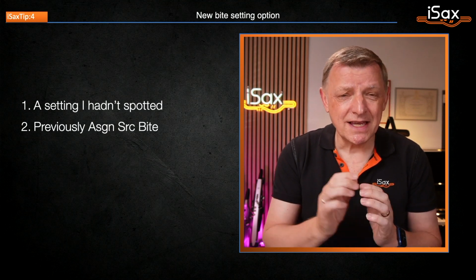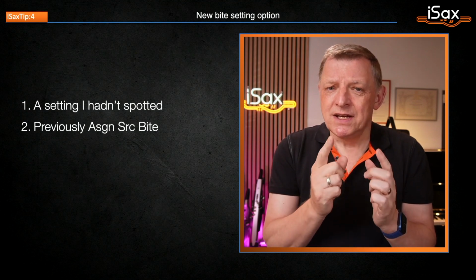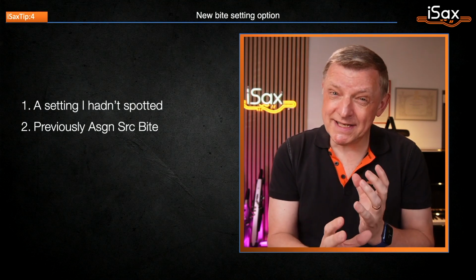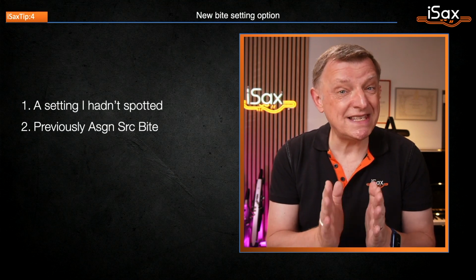When we have these assign source settings, we can make a decision whether we want a certain setting to always be the same. This is called a system setting, or whether we want it to change depending on the scene that we're using. So this can be pretty important because the way certainly I set up my bend setting, I don't want it to be changing with every scene.